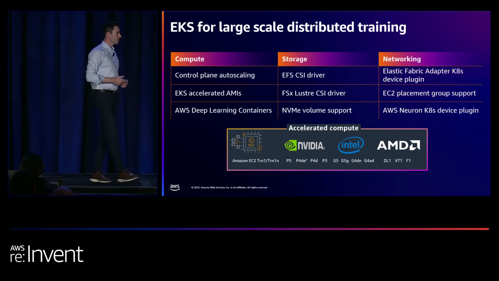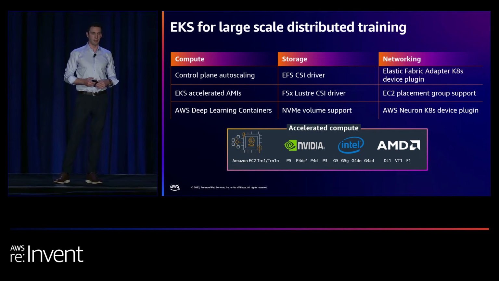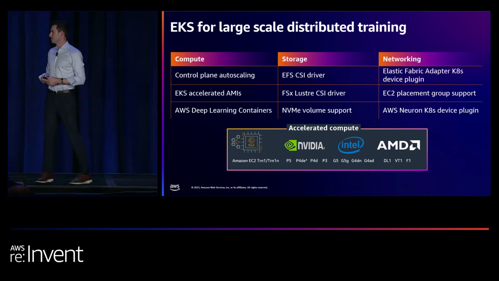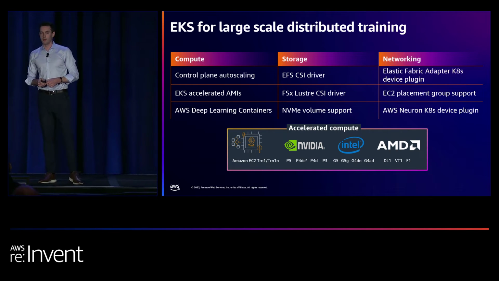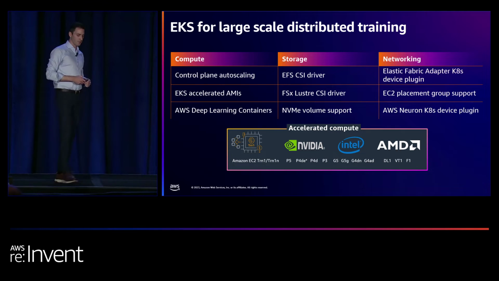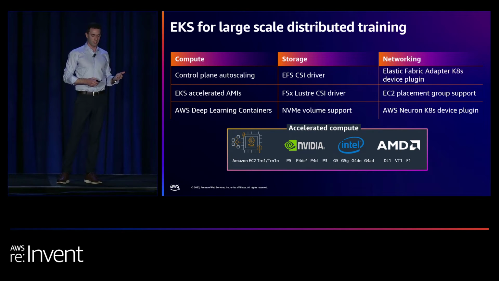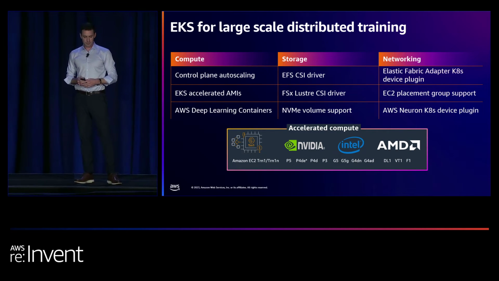We also vend accelerated AMIs that work out of the box with the various EC2 accelerated instances, NVIDIA, and also Amazon's own Trainium instances, which were, I believe, released last year. On the storage side, we build Kubernetes native drivers to integrate with the various AWS storage services. FSx for Lustre is a common one that we see customers using for doing large-scale training.